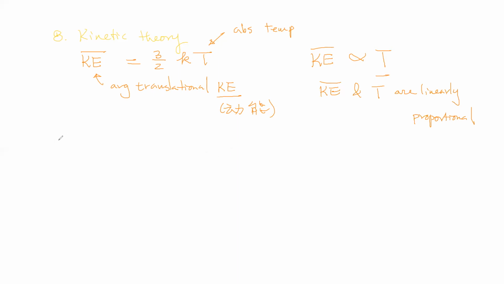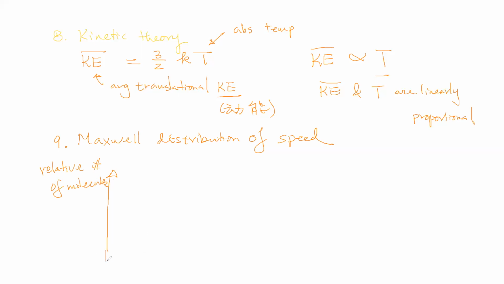And next, we're going to talk about the Maxwell distribution of speed. That one just says that the relative number of molecules will change at different temperatures with respect to v, which is the speed.